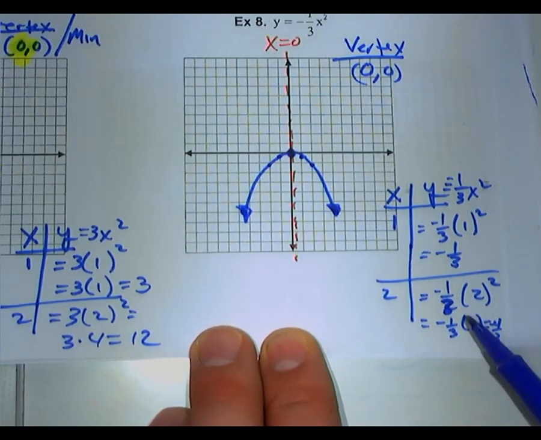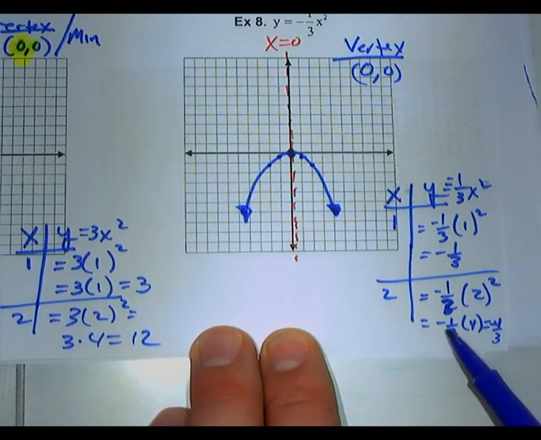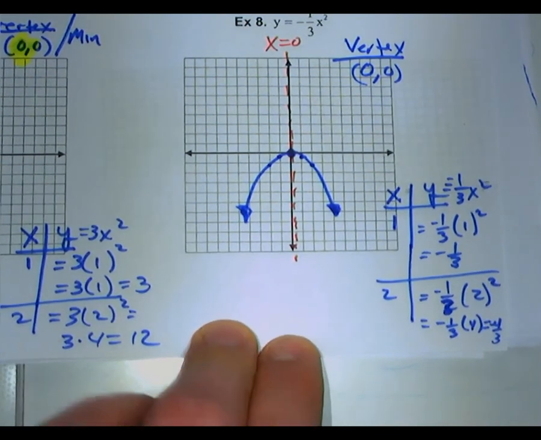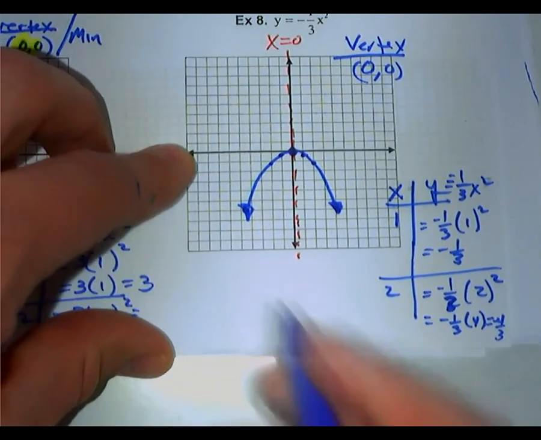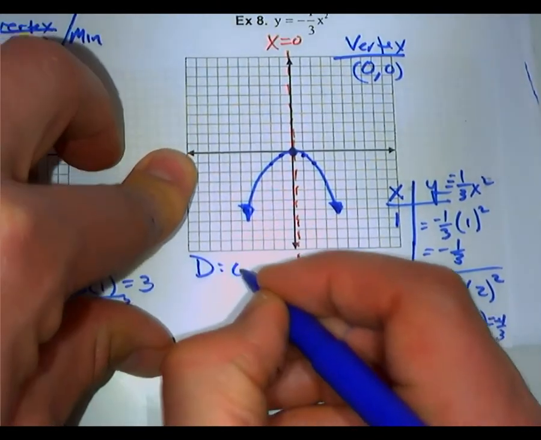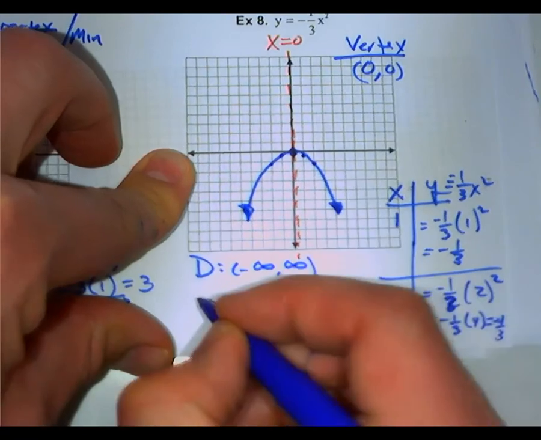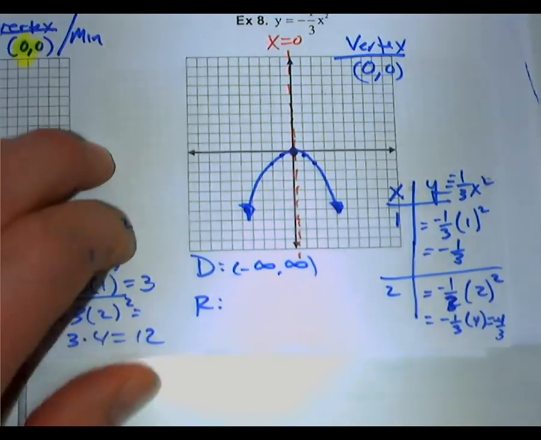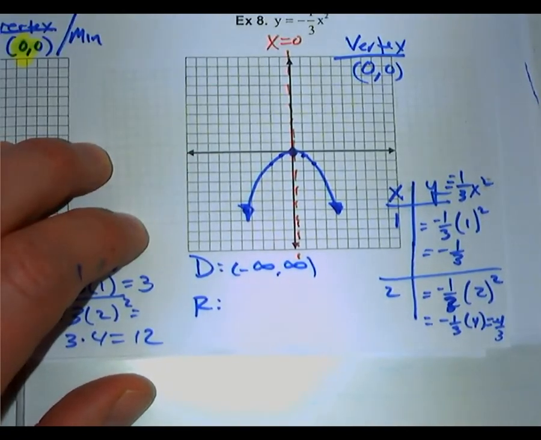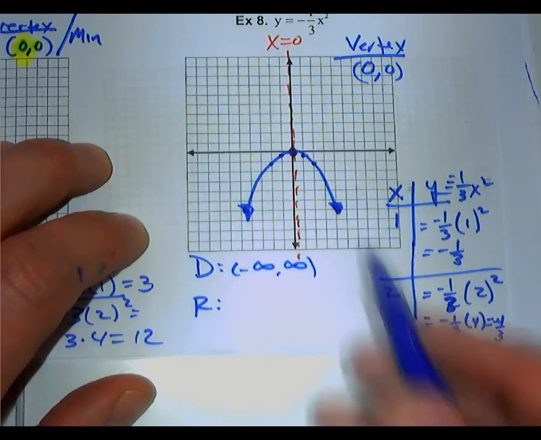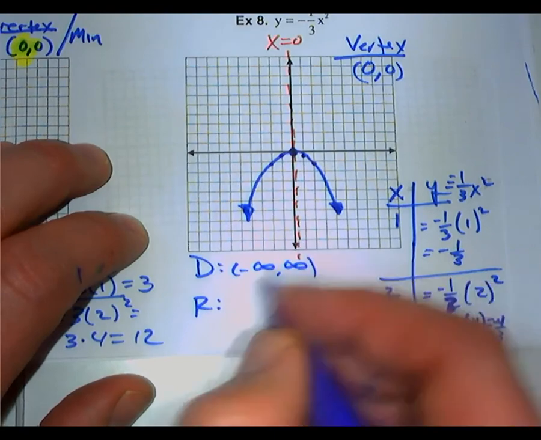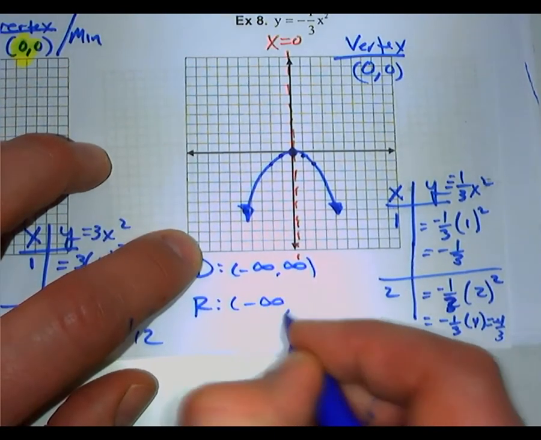So again, I plugged in 2. 2 squared is 4. Negative 1/3 times 4 is negative 4/3, or negative 1 1/3. Okay, let's talk domain and range. Domain obviously is all reals, negative infinity to infinity. In your range, bottoms up. How low does it go? It never stops, right? It just keeps going and going. That thing goes all the way down to negative infinity.